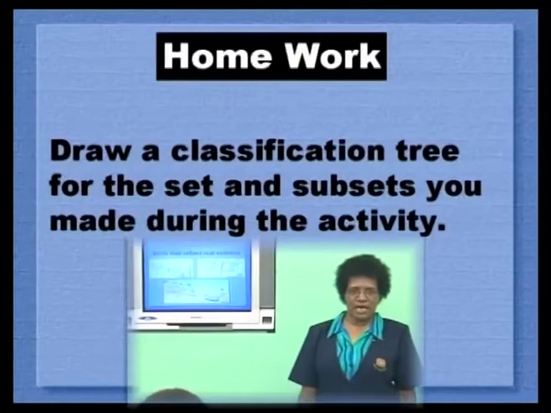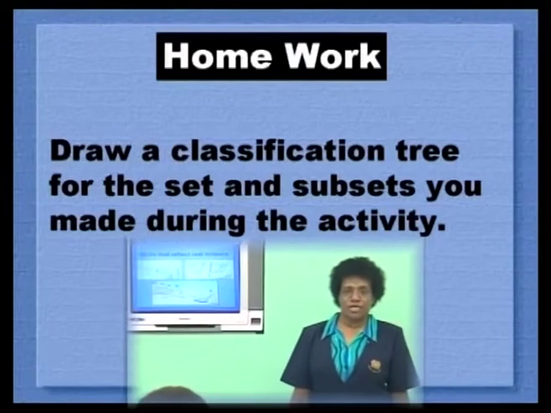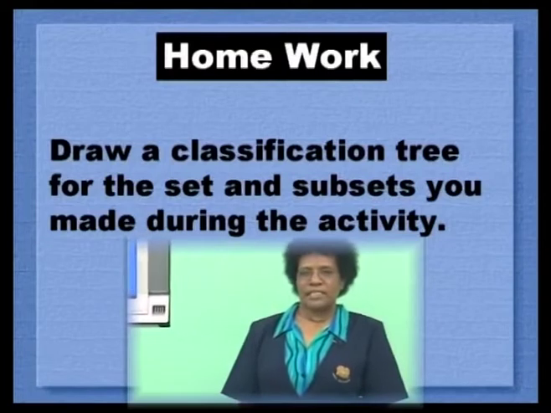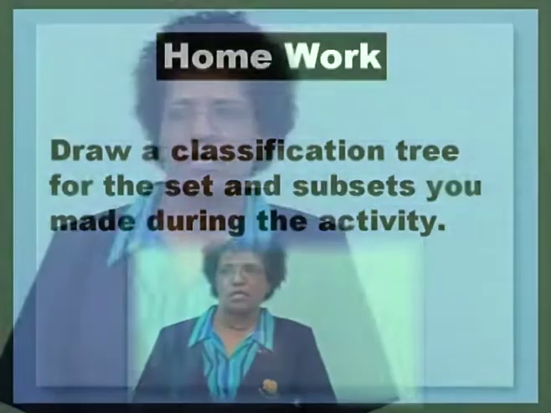You were to draw a classification tree of the set and the subsets that you made in the activity from the previous lesson. I'd like my colleague to show us how she did that classification tree.